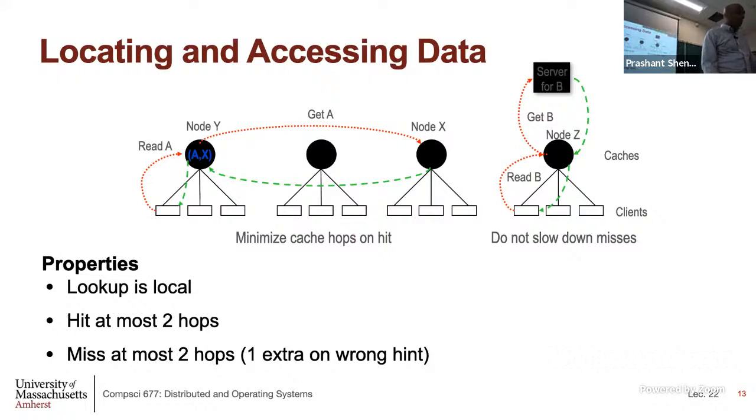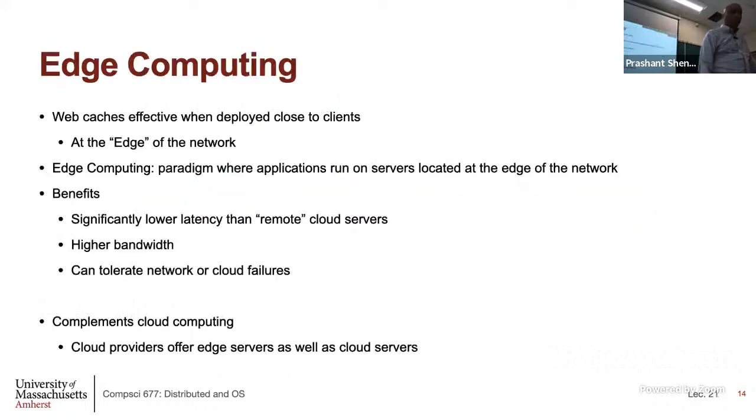Okay. All right. So that is web caching. And so that brings us to how proxy caches have evolved into this area that's now called edge computing. Edge computing basically means that just as the proxy caches were deployed close to clients, which is called the edge of the network.